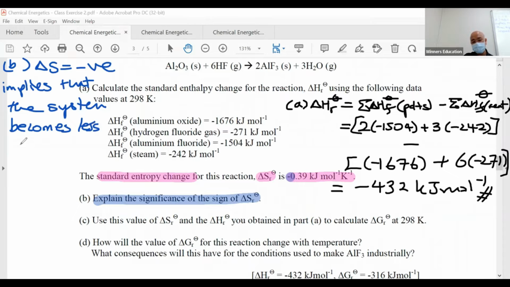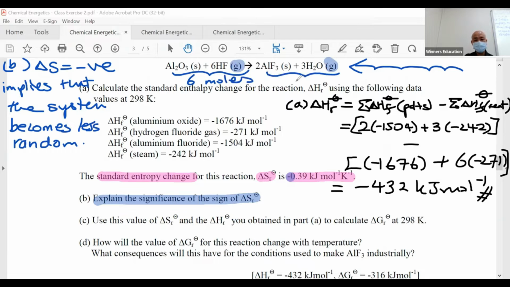A lot of us will just end our statement here. I will apply back to the question to play safe, which we learn is all about the moles of gases. 6 moles of gases become 3 moles of gases. Okay, I will continue, right.